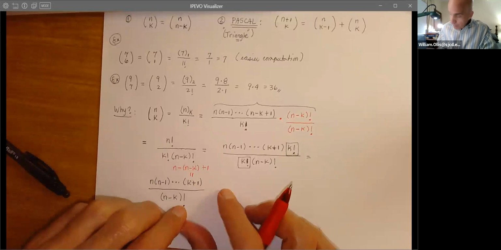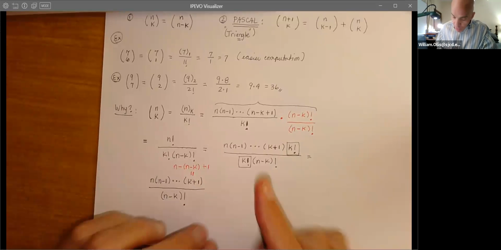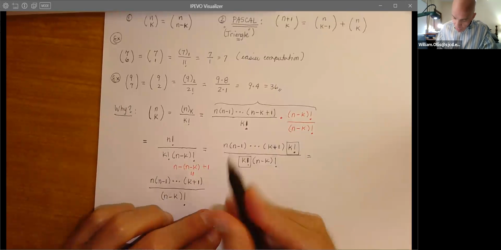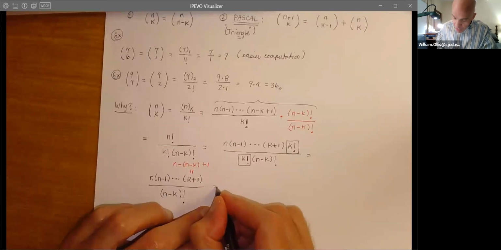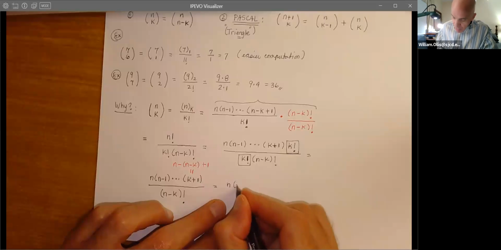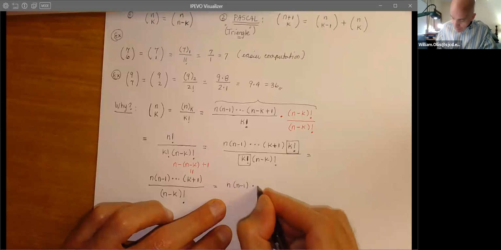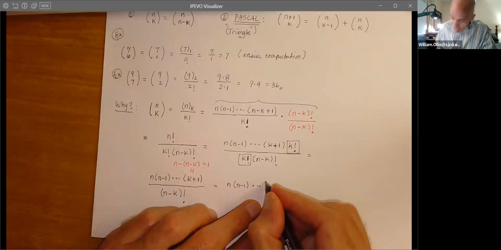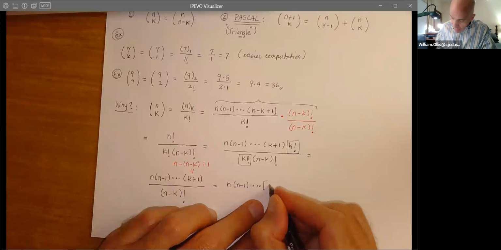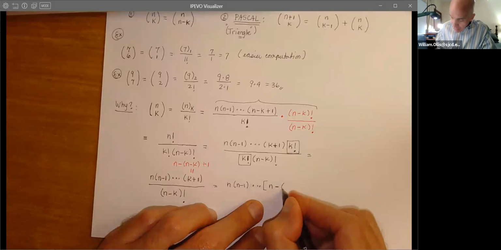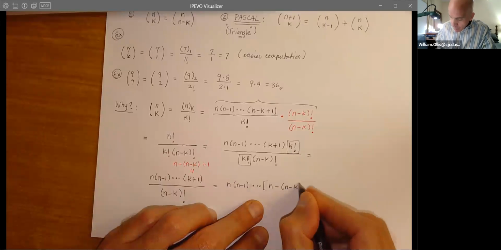This is exactly that. So that's just our definition. Oh, well, I guess I'll write with the correct order here. So this gives us n times n minus 1, and now we can write this as the n minus k plus 1.